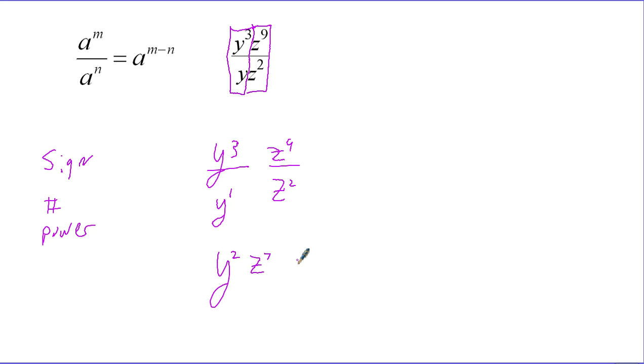Now the typical rule that you follow on simplifications is that everything has to be written with positive exponents. And so everything is written in positive exponents, and the final best answer is just the correct power of y times the correct power of z. So y to the 2nd times z to the 7th. So we'll stop with that, and then we'll do 2 more in the next video.